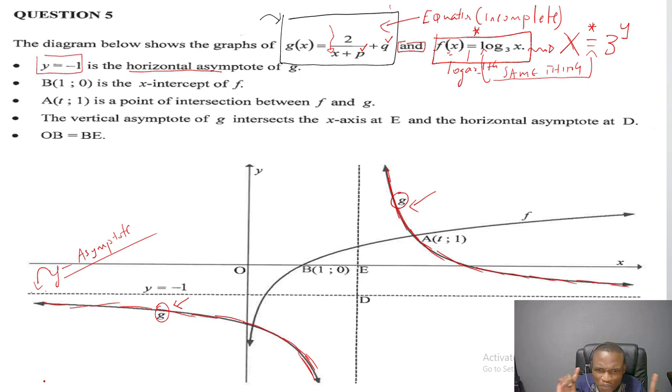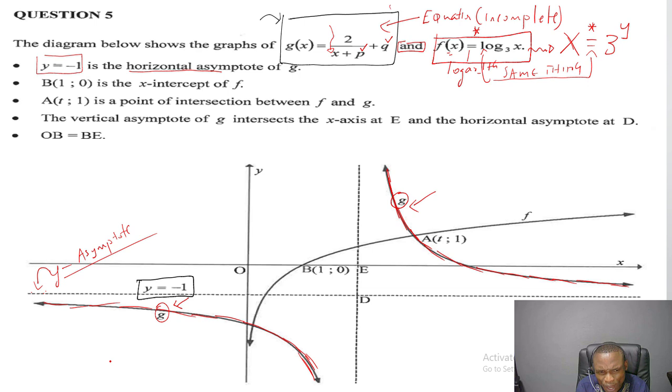Both the hyperbola function and the exponential function, or you can call it a log function in this form, have the y asymptote. So it's important to know that this y equals negative 1 is the asymptote of which function.